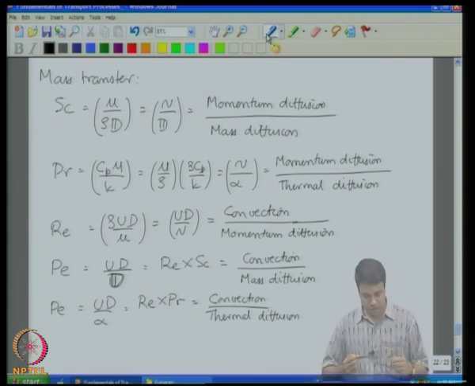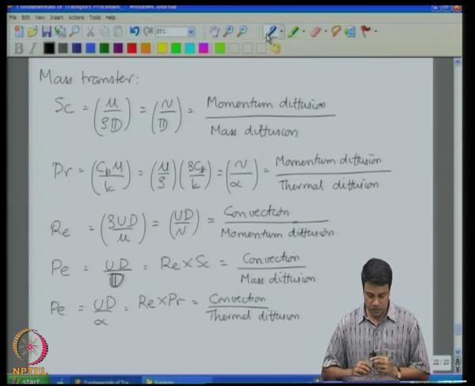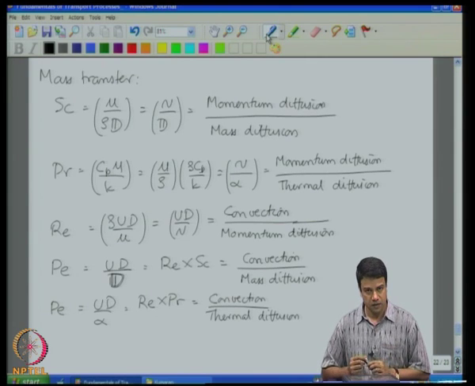The Schmidt number that we had seen earlier was the ratio of momentum diffusion and mass diffusion. Momentum diffusion coefficient, kinematic viscosity, has dimensions of length square time inverse. Mass diffusion coefficient has dimensions of length square time inverse. The Prandtl number, we saw, is equal to the ratio of momentum diffusion and thermal diffusion, both of which have dimensions of length square T inverse.